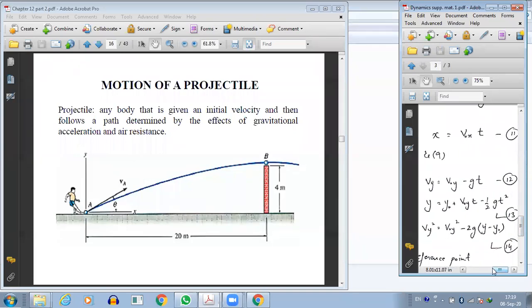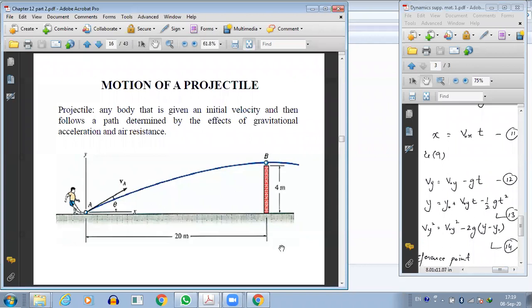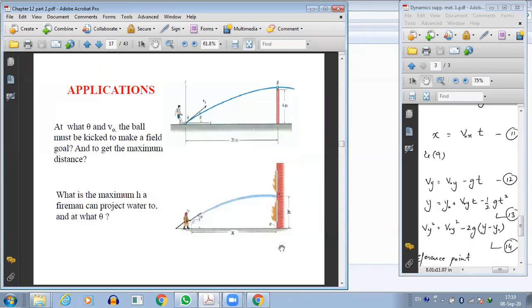So the four equations are visible: equations 11, 12, 13, 14. Now I have minimized the chat box, so if you write anything in the chat box, I don't know. If you want to ask any question, just raise your voice and ask, because if I open the chat box, I cannot see this page.